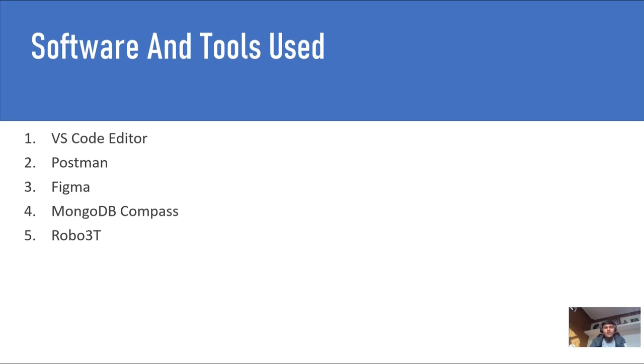And after that we have Robo3D. Robo3D is a tool which is used to just peek inside your database and edit the information inside without actually running any queries, which is a very painful task when working with a delicate website.